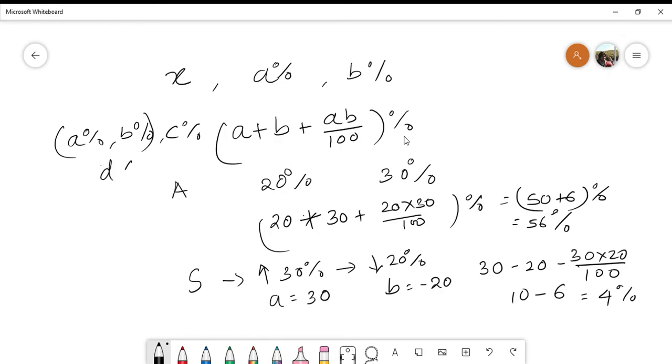Let's say we get it as d percent, and then we can take d and c and put them in that same formula to get the final change in the percentages, right? So we can extend this for any number of successive percentages. We just have to take two in a pair and calculate the overall change, and then do it with the other percentages also.